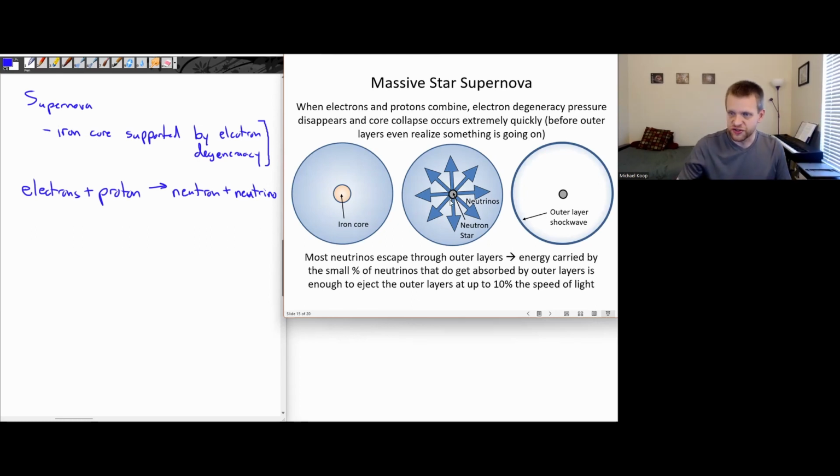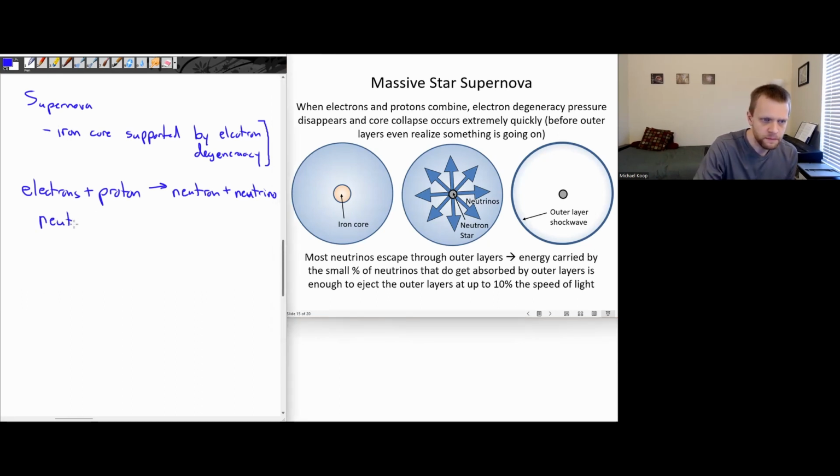So the tiny percent of neutrinos that get absorbed by these intervening layers launch those layers out, and that slams into the very outer layers of the star, producing a massively energetic shock wave. So the neutrinos basically blast off the outer layers of the star.